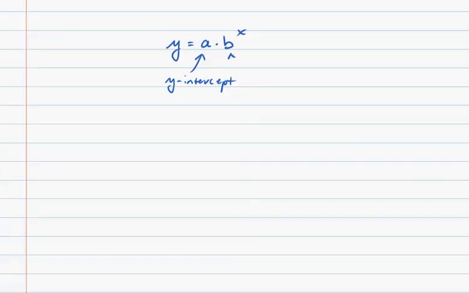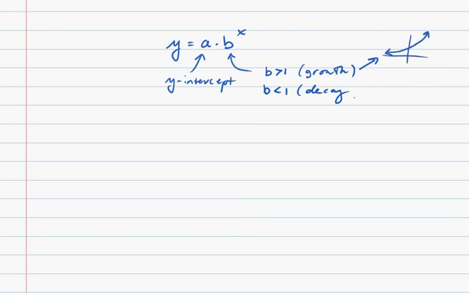So this is, some people say, your growth factor. I'll say if b is greater than 1, we know then that it is growth. If b is less than 1, then it is decay. And growth looks like this when you graph it. Decay looks like this when we graph it.